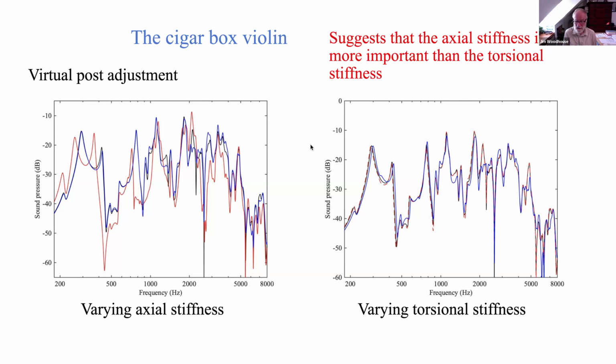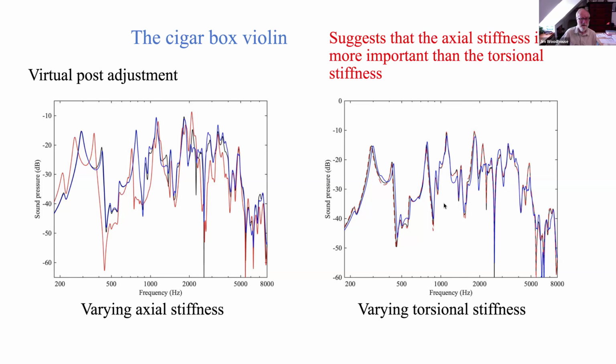But it doesn't make any difference to the sound of the violin. But the axial stiffness looks as if it might be significant. We will take advantage of this when we come to do modeling. I will take the liberty of looking at this right-hand plot and saying, we'll just disregard the torsional stiffness.